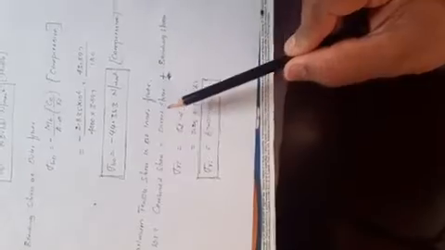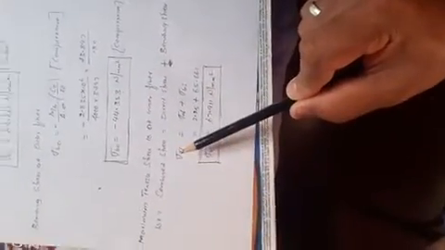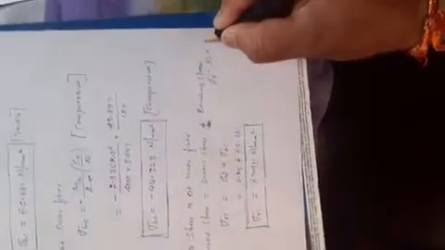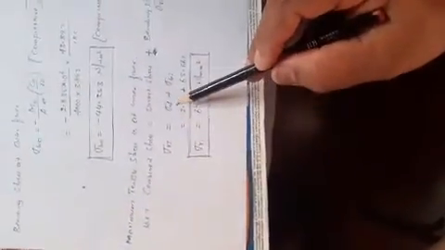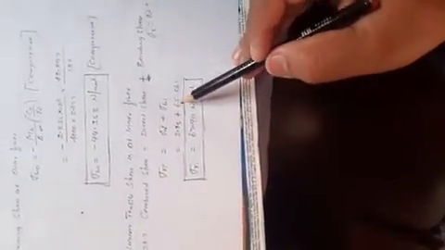As you know, to calculate the maximum tensile stress, the combined stress is equal to direct stress plus bending stress. At the inner fiber, the combined stress sigma is equal to sigma d plus sigma b. Direct stress is positive, bending stress also positive.